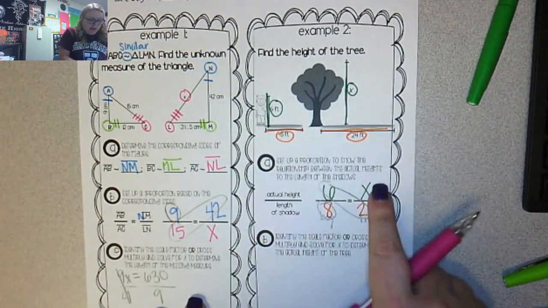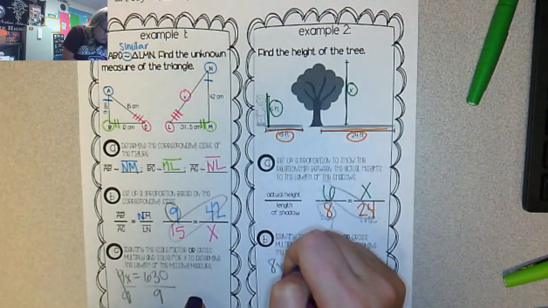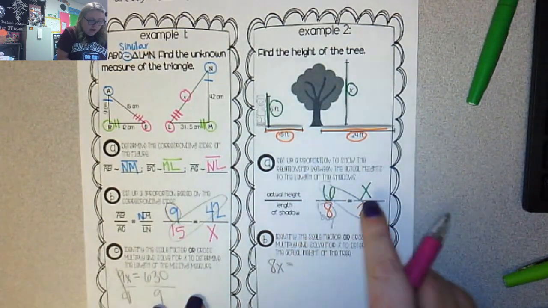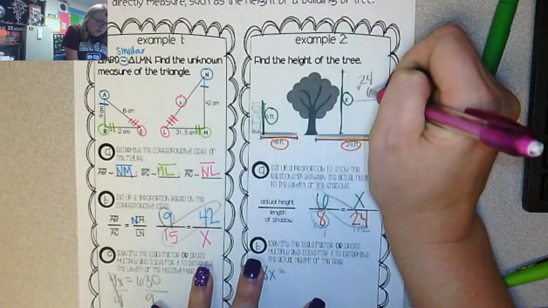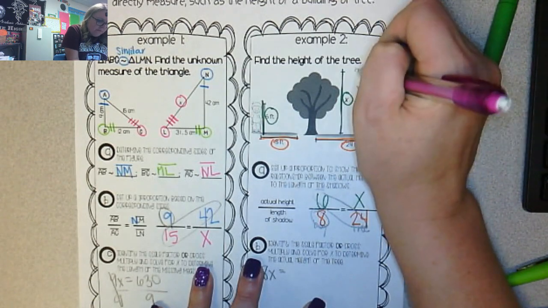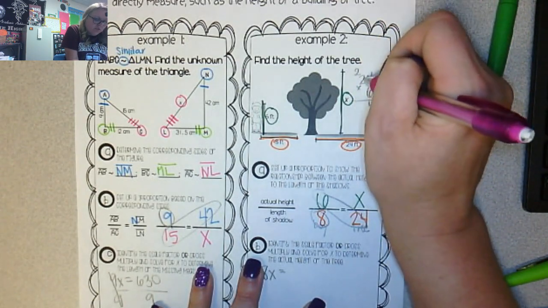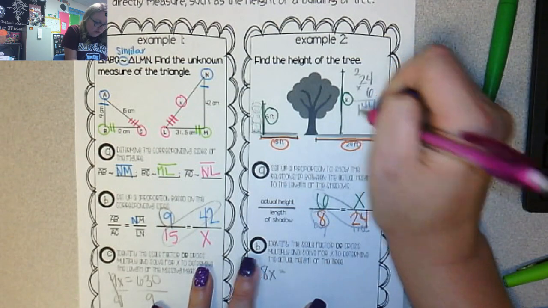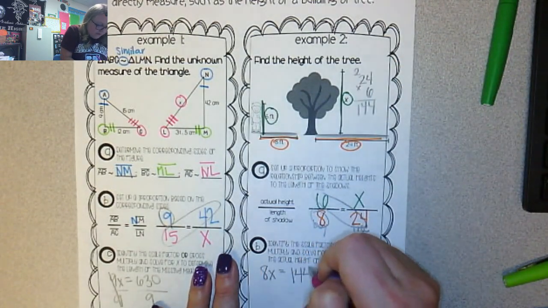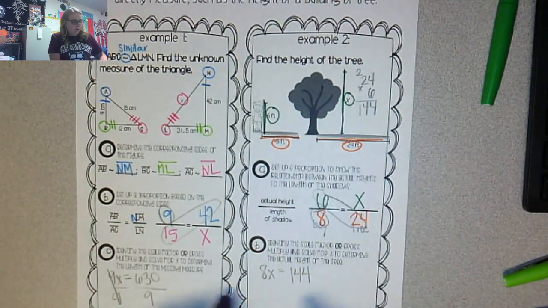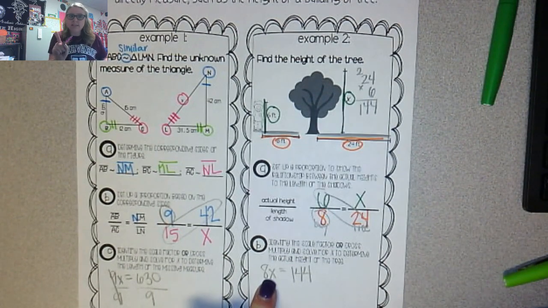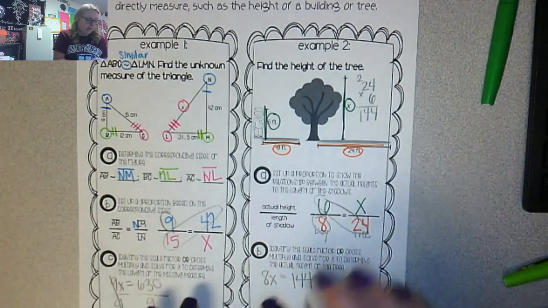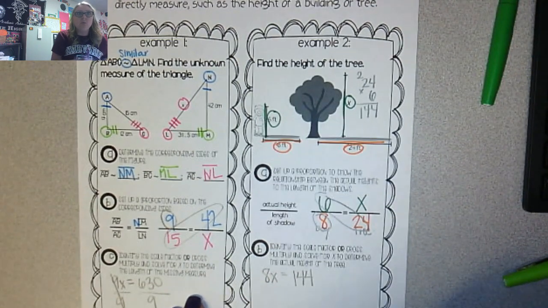Okay. So I have 8x is equal to, I have to do 24 times 6. So 6 times 4 is 24. 6 times 2 is 12. 12 plus 2 is 14. So I have 144. Okay, now that you have the equation 8x equals 144, you want to know what 1x is, not 8x's. So you have to undo multiplication with division.